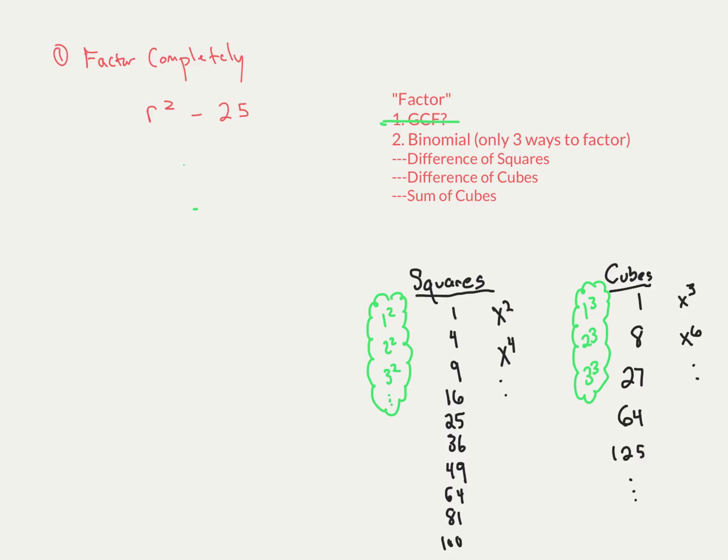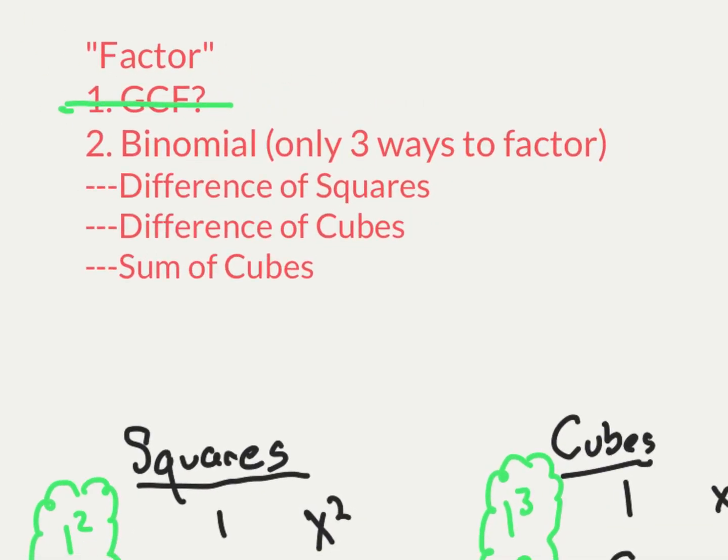hopefully you notice that it's the difference of squares, since r squared, basically the same as x squared, is a variable term that's squared. So r squared is a square, and then also 25 is the square of 5. So the difference of squares, and I'll zoom in on this just for a second.